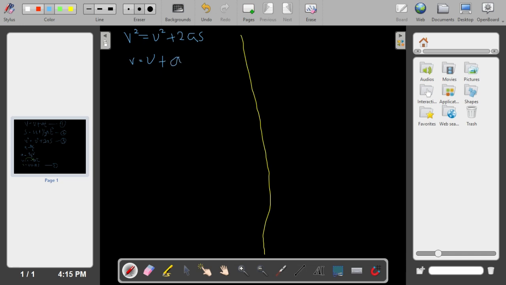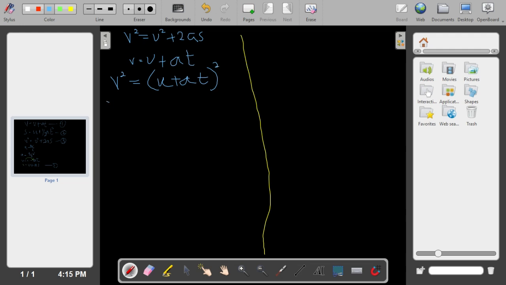So if I have v equals u plus at, what do I do? I square both sides of the equation. Squaring both sides of the equation, this gives me v squared equals (u plus at) squared. So if I have this, it means that I can write this in two places.